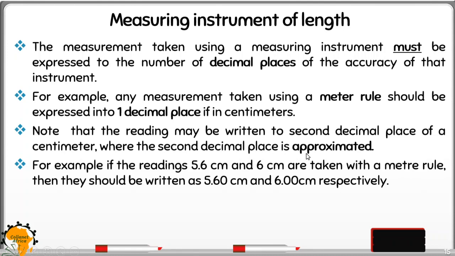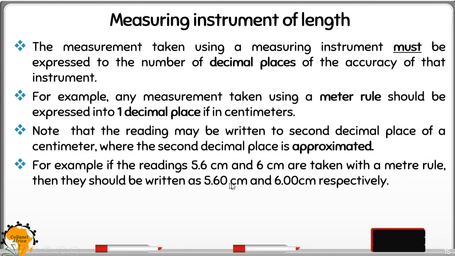But remember, the accuracy is 0.1. For example, a reading of 5.6 can be written as 5.60, or 6 centimeter can be written as 6.00. But we insist that the second decimal place is approximated.